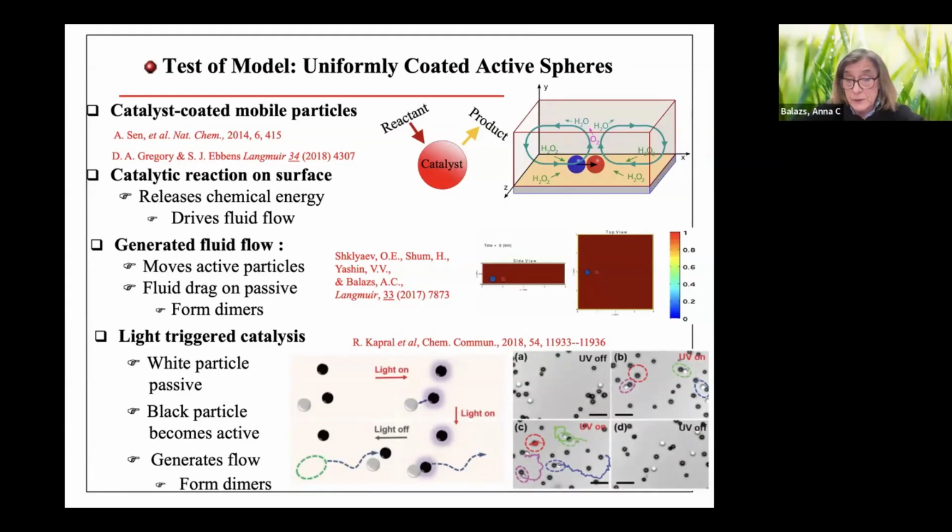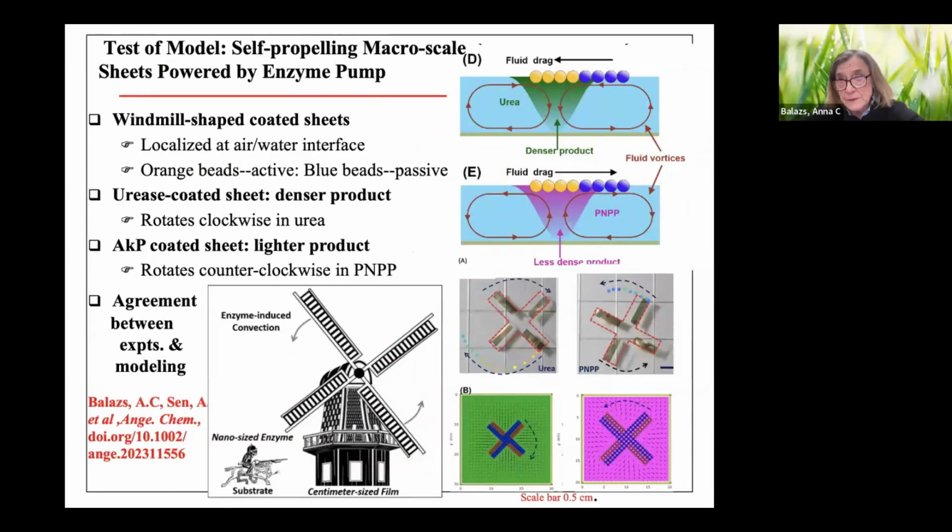The black sphere is the one that's active and the white one is passive. So we see the same thing that, luckily, was seen subsequently in experiment. And this was a nice experiment that we did with Ayush and Sen, where we had these rotors, and these were just thin plastic sheets, coated with different enzymes.